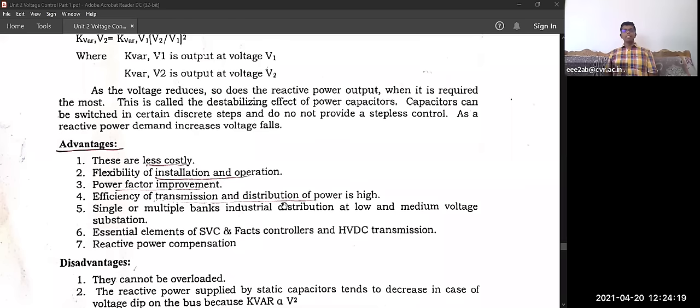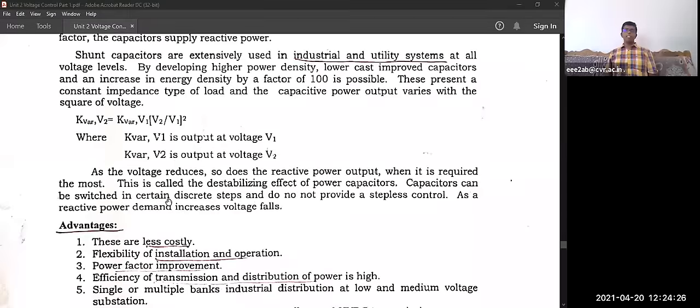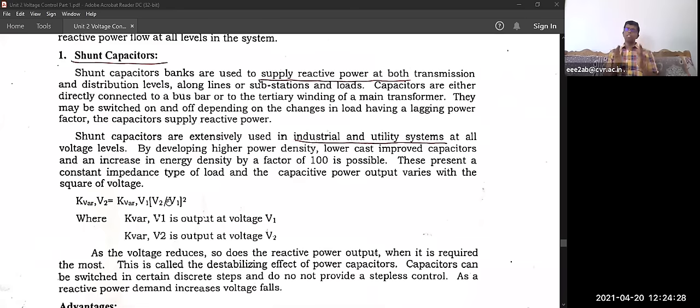Single or multiple banks are used in industrial distribution at low and medium voltage substations. So shunt capacitor banks in industry are also very important. Without this, I think no industry is there. Even in our college we have these shunt capacitor banks, or sometimes they are utilized to maintain the power factor constant.